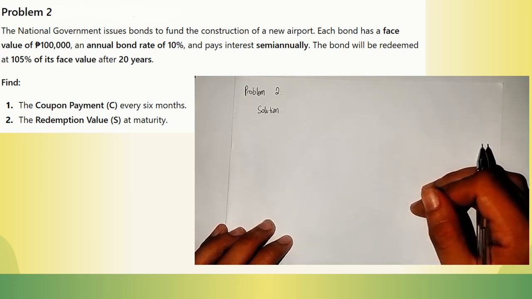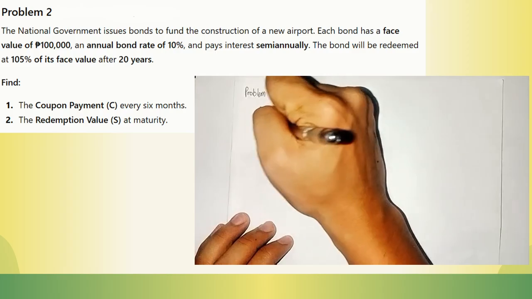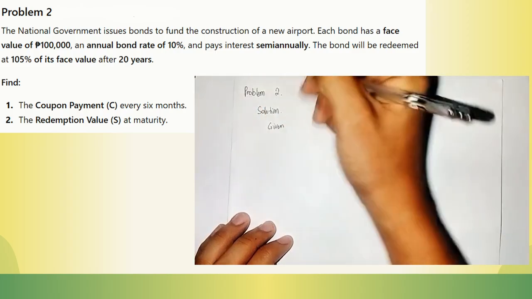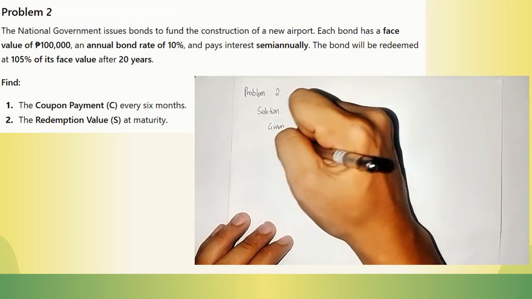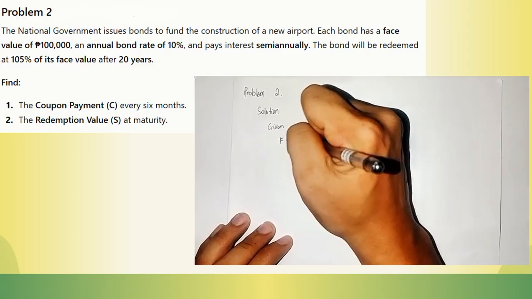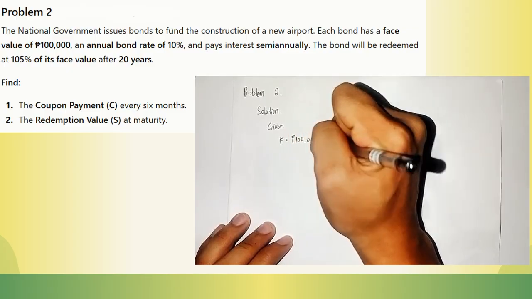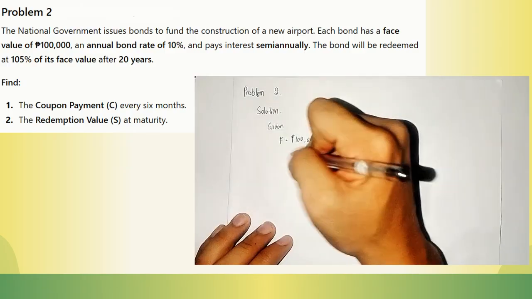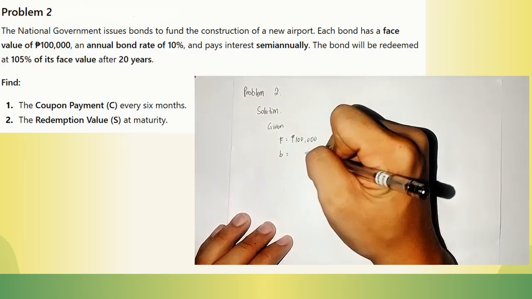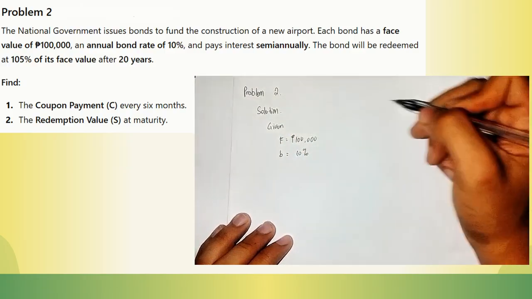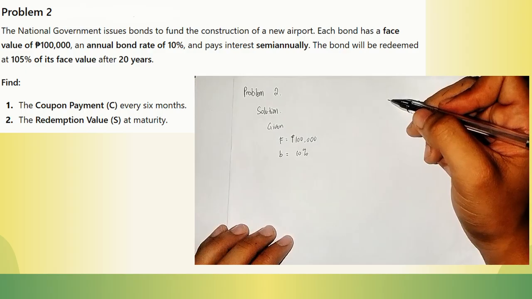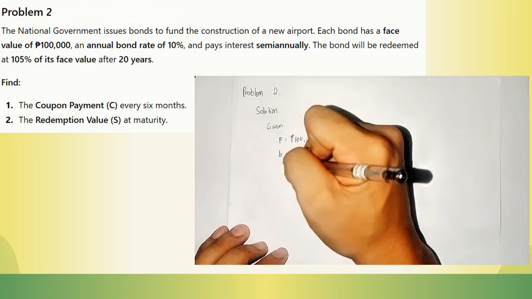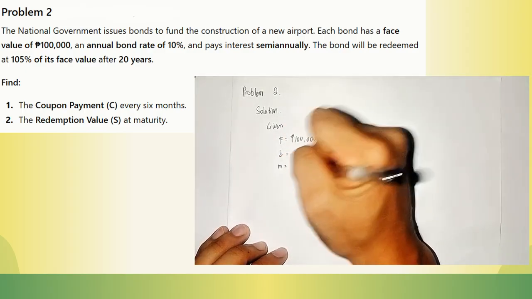First, we will list down the given. We have the face value is equals to 100,000, and the annual bond rate, or B, is equals to 10%, and pays interest semi-annually, meaning M is equals to 2.